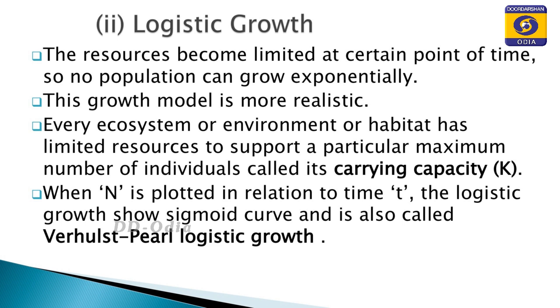It is given by the equation dN by dt equals rN times K minus N by K, where N represents the population density at time t, that is the total number of individuals in unit area at a given time t, r is the intrinsic rate of natural increase, that is the birth rate minus the death rate, and K is the carrying capacity.